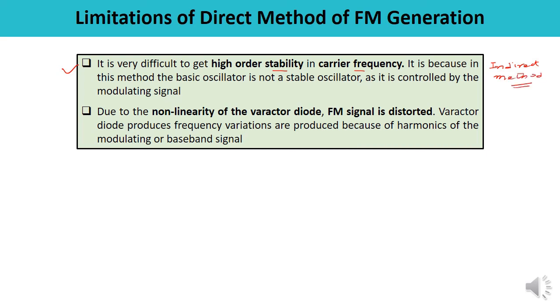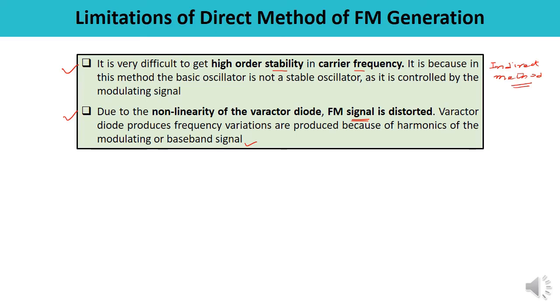The second limitation is the non-linearity of the varactor diode. It produces frequency variations due to the harmonics of the modulating baseband signal, that is, the FM signal is distorted.